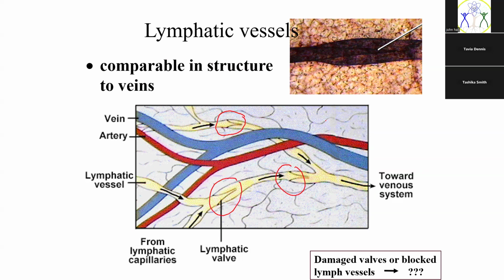Even here in the actual specimen, you can clearly see the bulge, and if you look carefully, you can see the structure of the valve inside. Once again, just like in veins, this is to prevent the backflow.